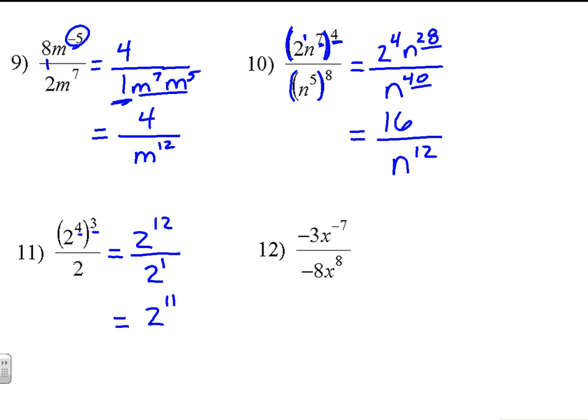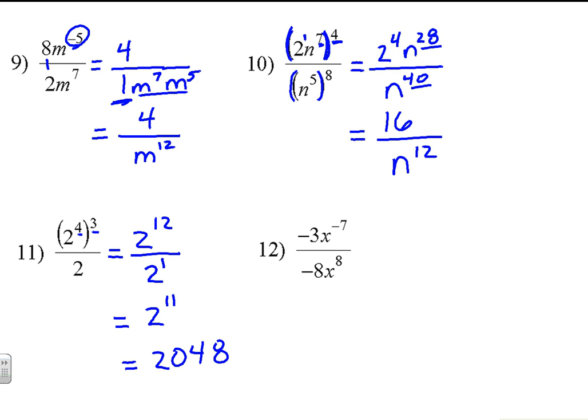And we may leave that like that. You may be asked to work it out. If so, you probably go calculator. That's 2,048, believe it or not. Those get big in a hurry. But 2 to the 11th may be acceptable depending on what the expectations are.